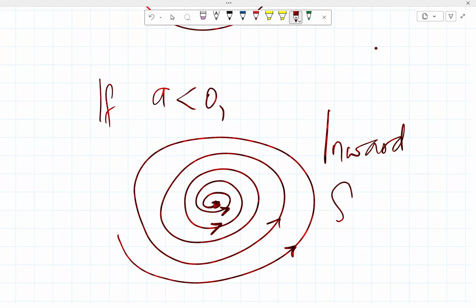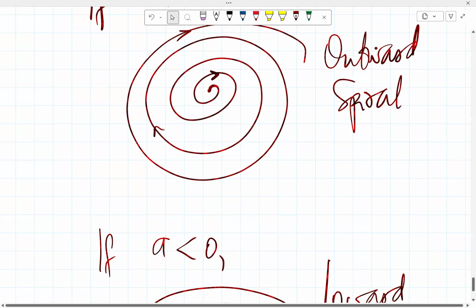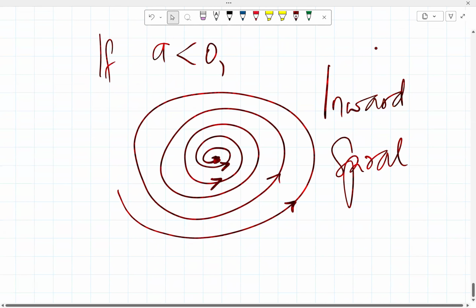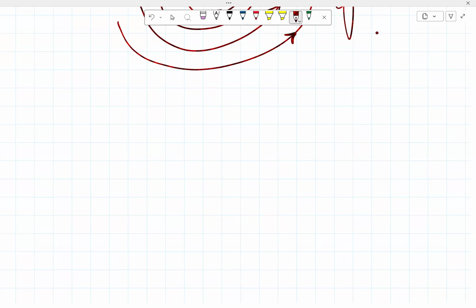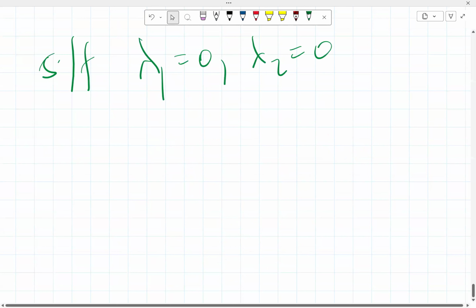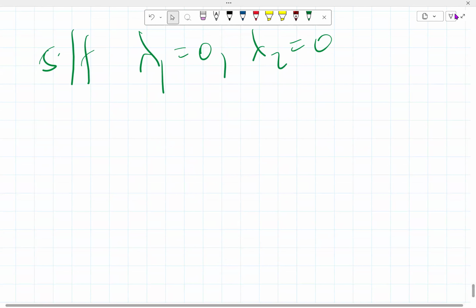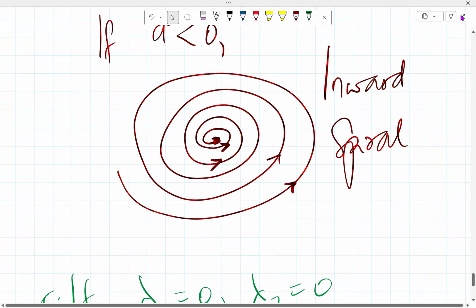Inward spiral. On the other hand, what if the lambdas are 0? Finally, if lambda 1 is 0 and lambda 2 is 0, or something like that, you're going to have a center, or what some people call a limit cycle.